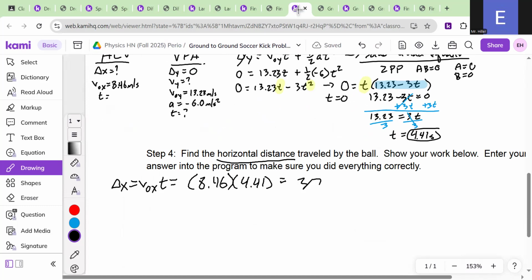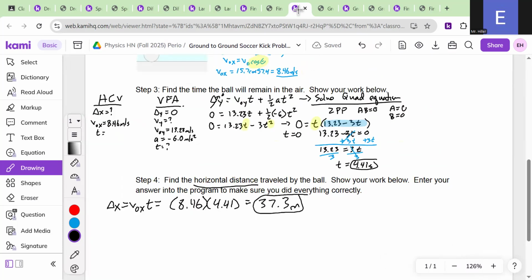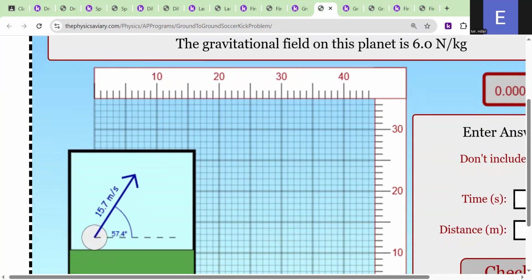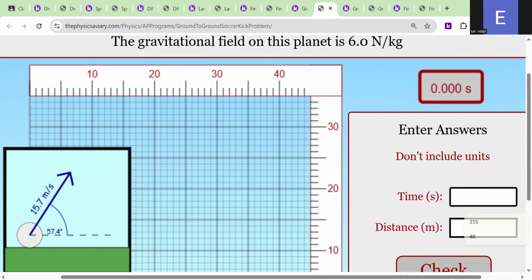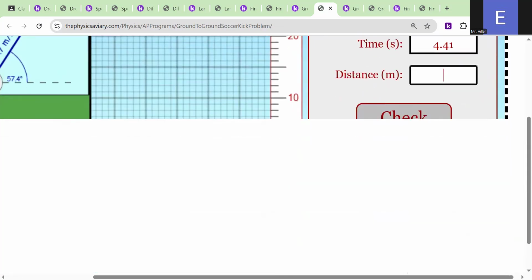I get a distance of about 37.3 meters away. I'm going to enter my numbers into the program and see how I did. 4.41 seconds and 37.3 meters.